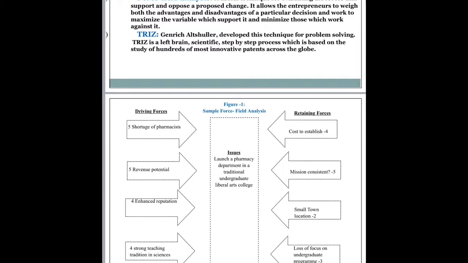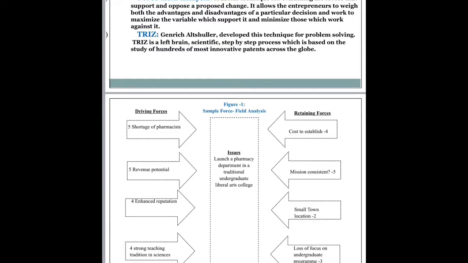Then we see that it will improve the college reputation. 4 points go in this way in favor of the launch of a new pharmacy department. And four, a strong teaching tradition in sciences. Since the college has a strong teaching tradition, 4 points go in that. You can see all this issue is written in the middle of it.